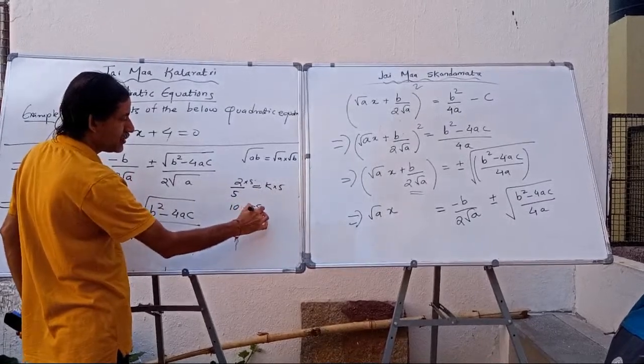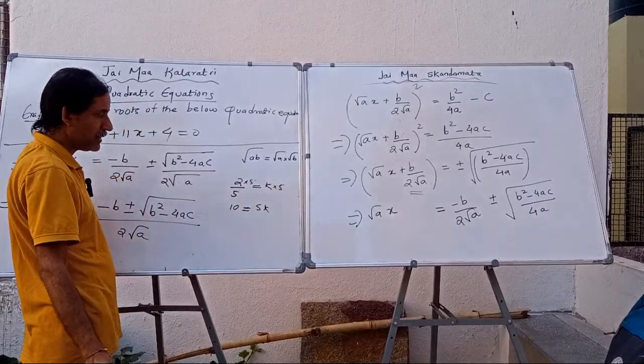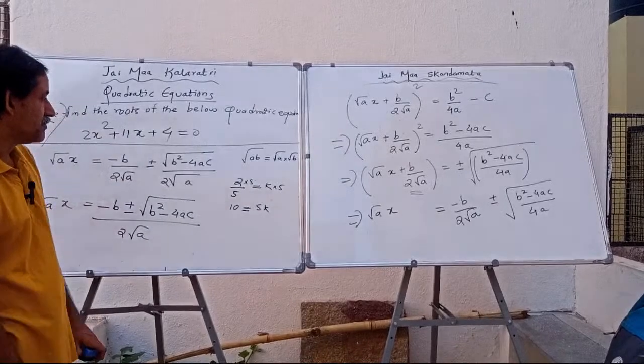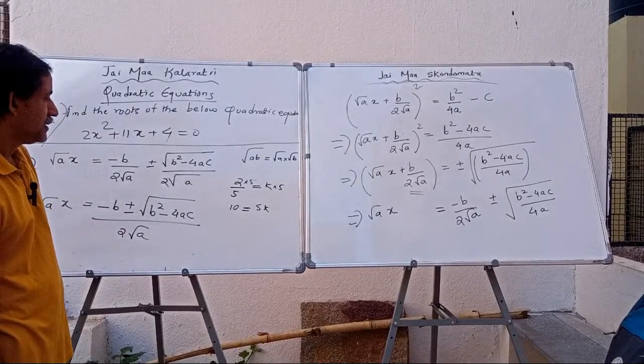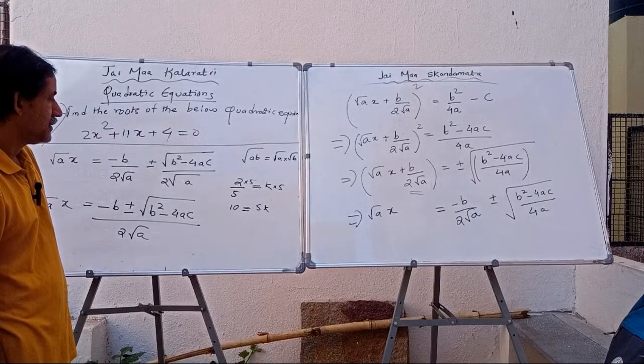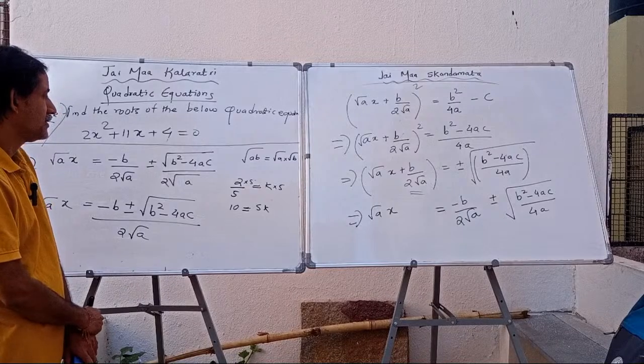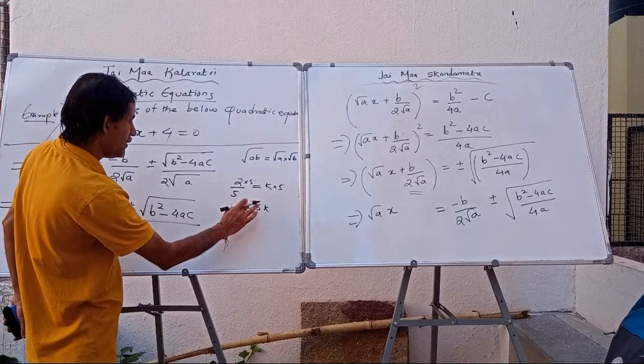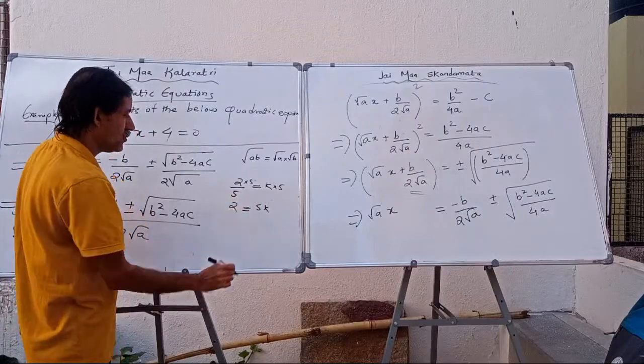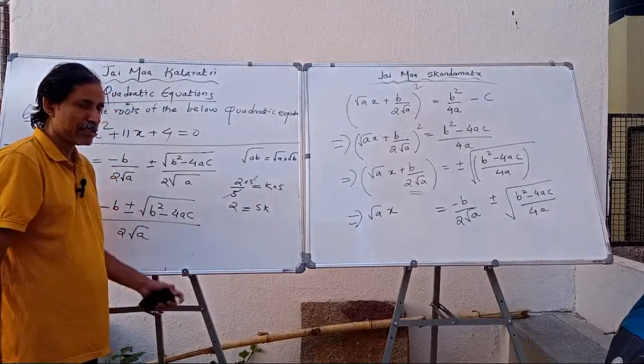So 5k is equal to 2. You understood, right? That way the meaning does not change.